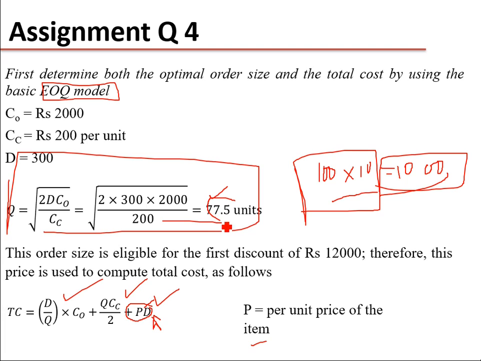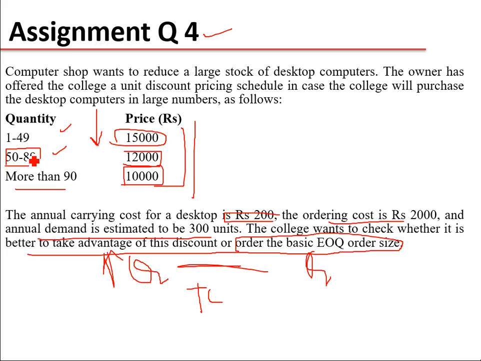So over there you can see for this 77.5 units, when we see this much number of units, then in which bracket is it going to lie? 77, that means in this bracket. Number of units we are going to put in an order.